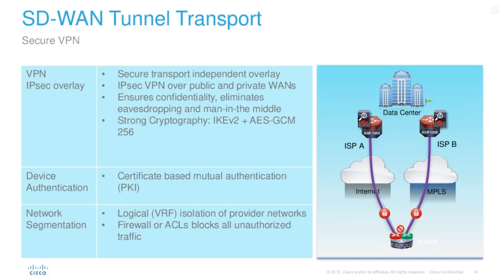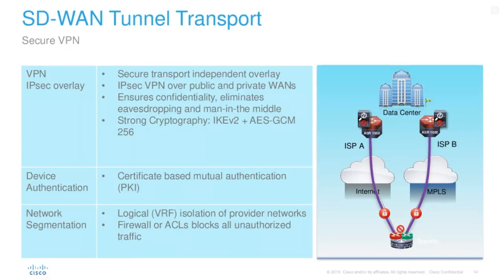And when we're doing this, we're looking at traditional things like IPsec overlays. We want to be using strong cryptography, modern IKE keying protocols, in particular IKEv2, and modern encryption protocols on these tunnels. The only thing that's actually allowed over those router interfaces is this IPsec traffic.